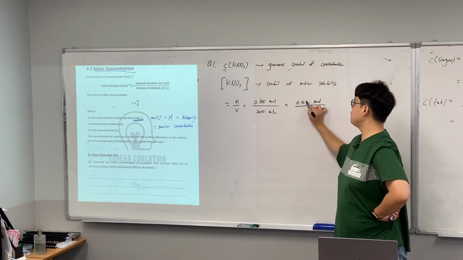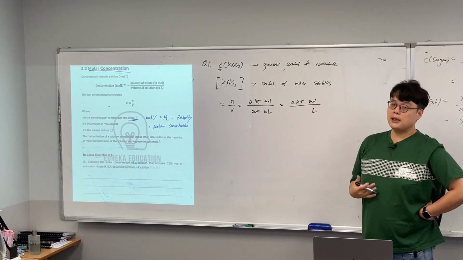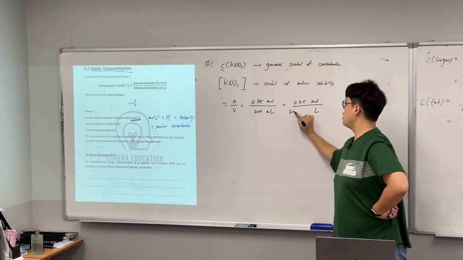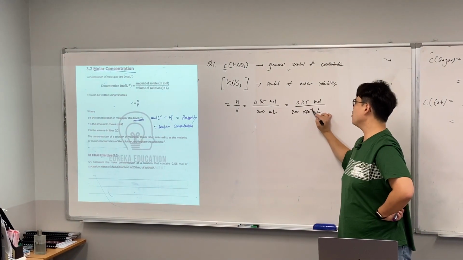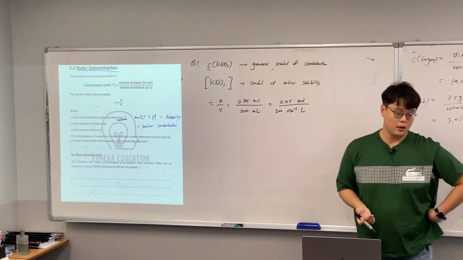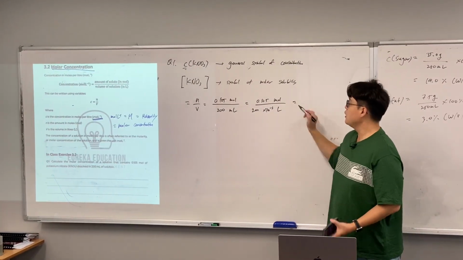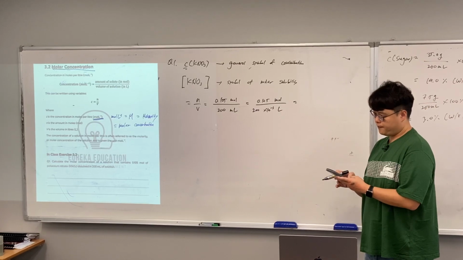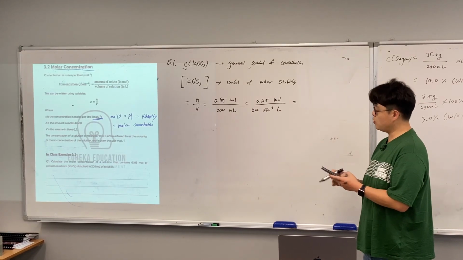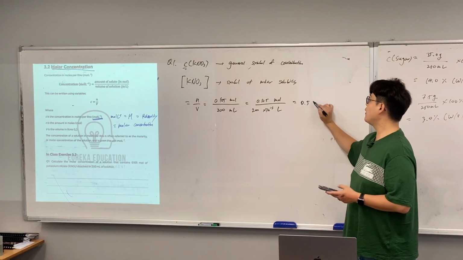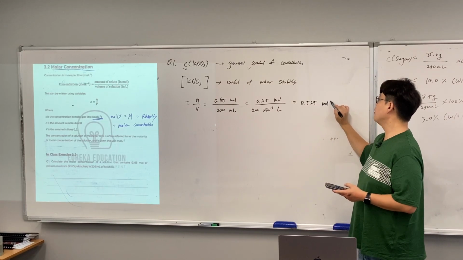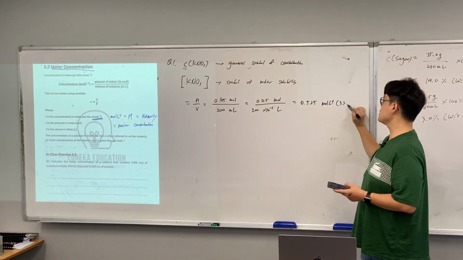So we get 0.105 over 200 milliliters, which is the same as 200 times 10 to the power minus 3, or simply 0.2, whichever. Then 0.105 divided by 0.2, you get 0.525 mole per liter in 3 significant figures.